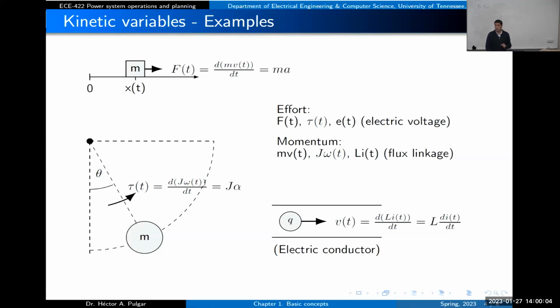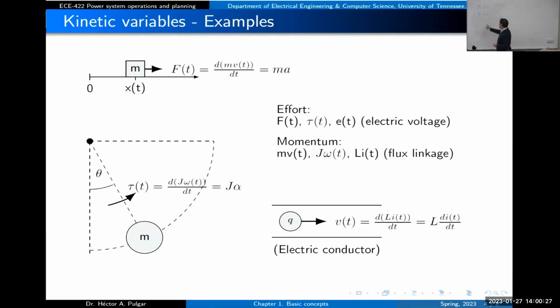Momentum proportional to the flow. In an inductor, do you have that? Yes. What is the momentum? Flux linkage is proportional to the flow. That's the fundamental relationship. And when you obtain the energy, the power, and all the other definitions are given for this type of physical behavior, you will have that type of energy stored.